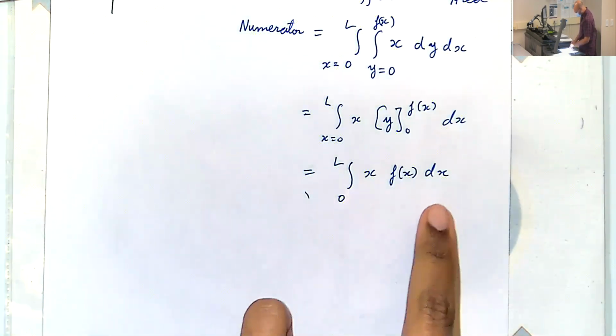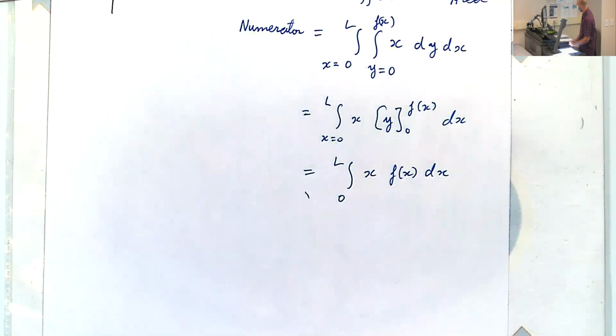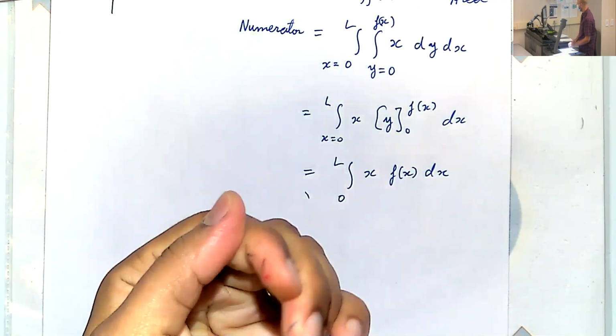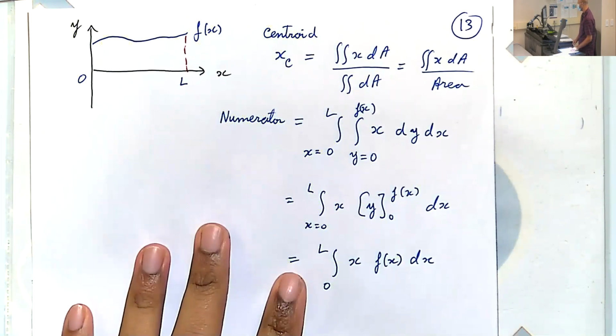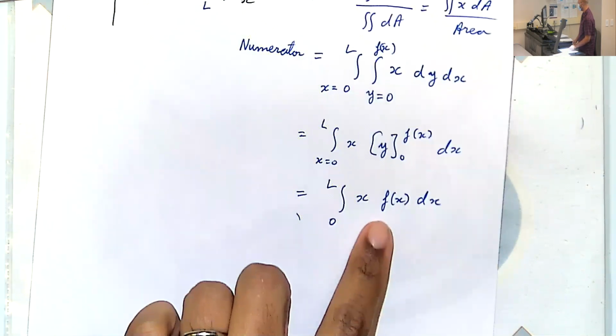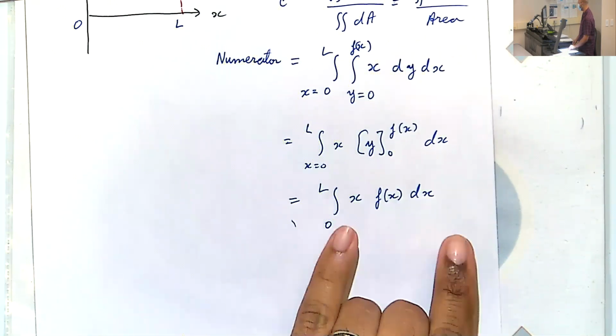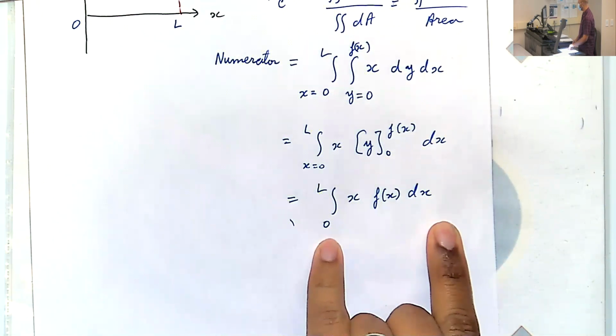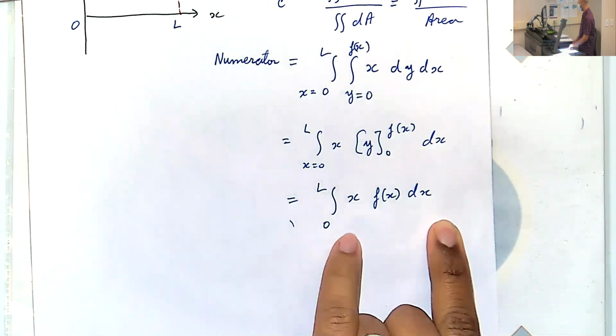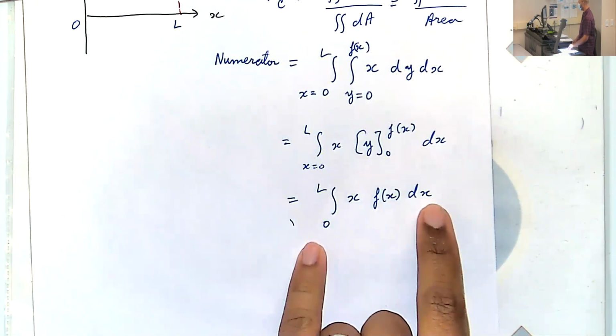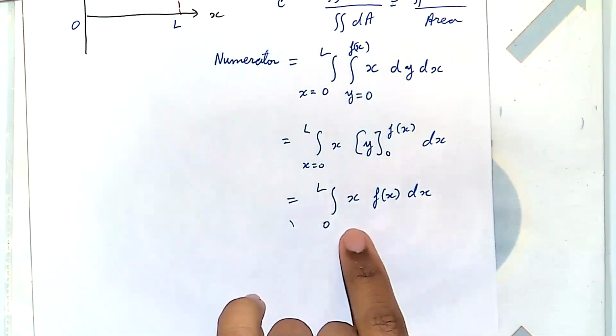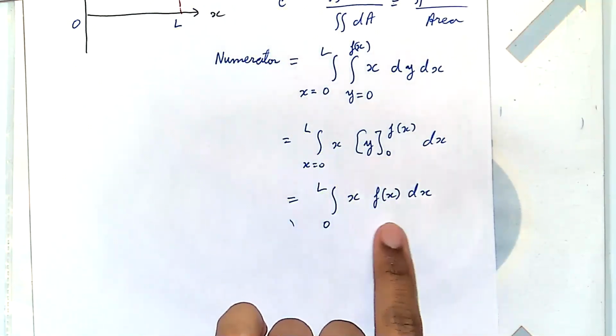Can we go further? Should I stop here or keep going? If I ask you to integrate this, can you do this? Yes. Okay. How do we proceed?